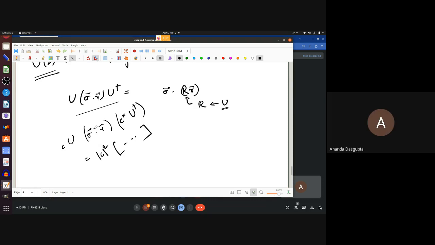Our aim is to keep the left-hand side exactly the same, right? And also ensure that if you replace U by CU, can you do that? Is CU also a unitary matrix? Multiplying a unitary matrix by a number, is the resulting matrix also unitary?